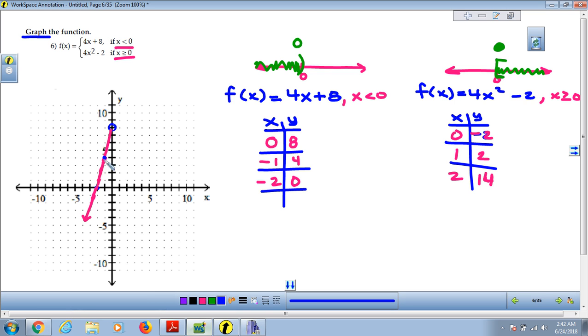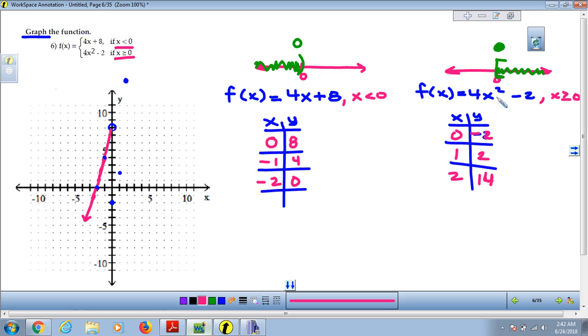And here are my dots. Okay, so the other one is 0, -2. Here I'm going to put a regular dot at 0, -2, 1, 2, and 2, 14. So let's pretend here's our 14.